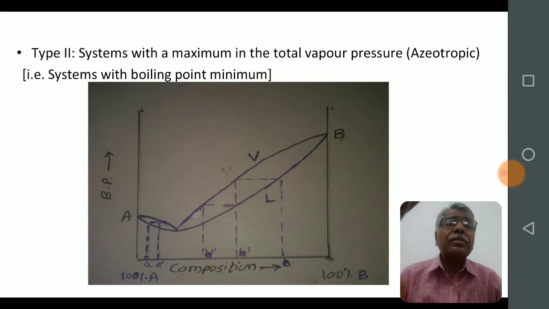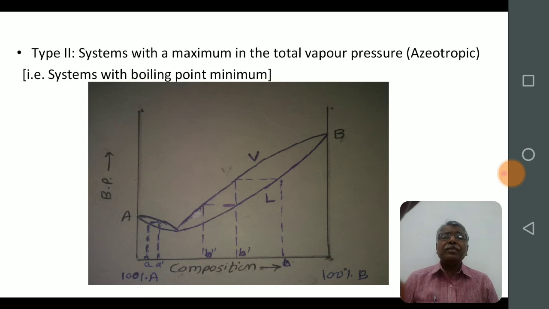Now suppose we take the solution having composition A. If we heat the solution, it will boil at its corresponding boiling point. In this case, vapors coming up from the solution will contain more of component B. It is clear from the diagram. If we condense these vapors, we will obtain a new solution having composition A dash, which contains more of component B as compared with the original solution.